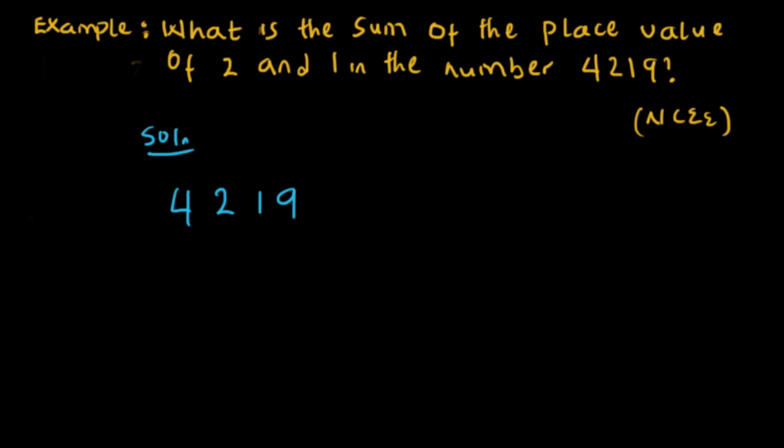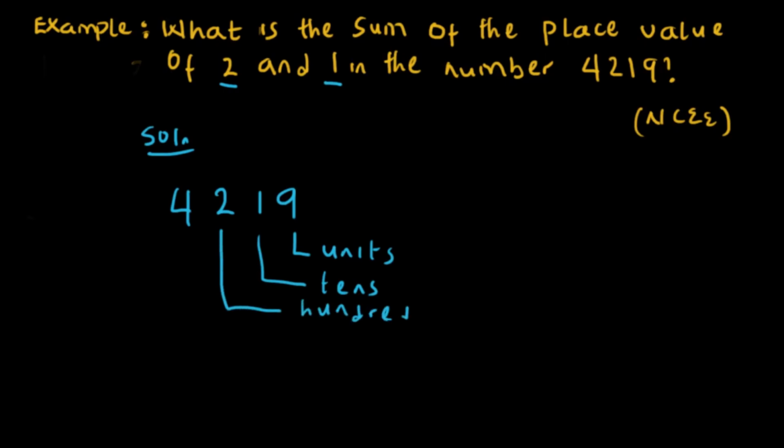Alright, so what is the sum of the place value of 2 and 1? So we can have units, tens, hundreds. Do you understand?